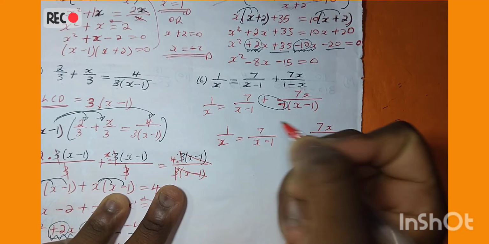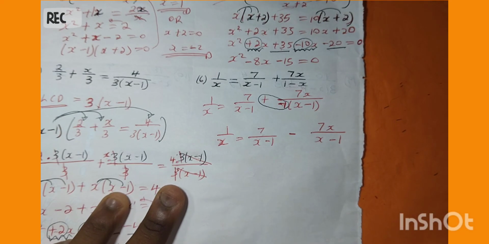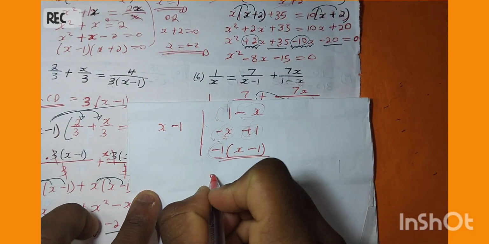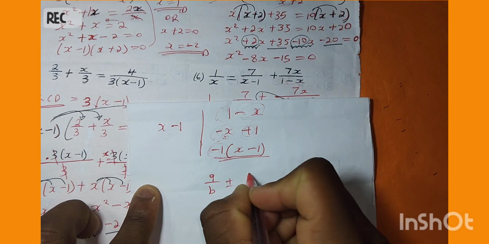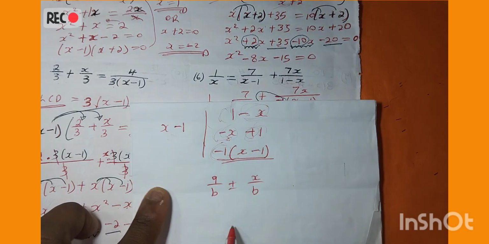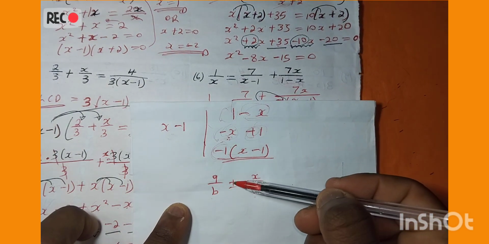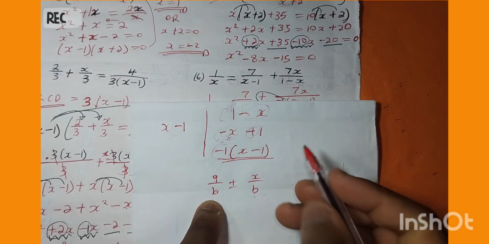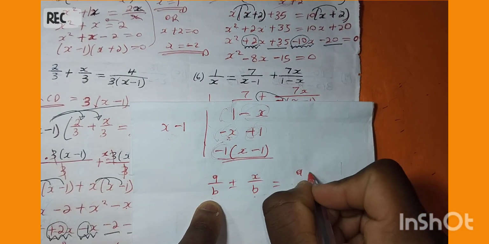Over x. And now, guys, there is something that I didn't tell you from the application of fractions. If the denominators are the same, if there is plus or minus between two fractions but their denominator is the same, this is how you should take them.